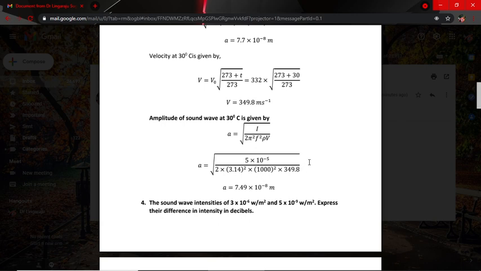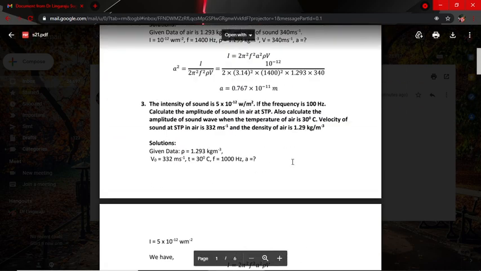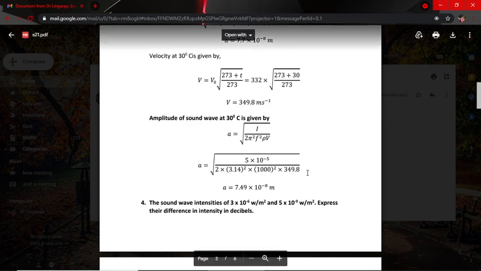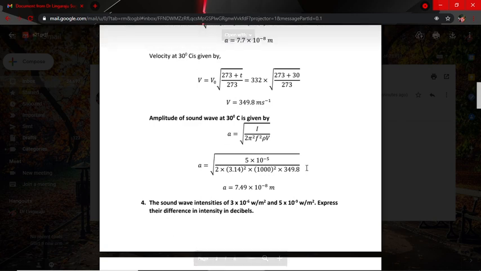Okay, the rho value is missing here. Rho value is 1.293. We just have to substitute it here. Rho was missed, so write it here. Then calculate: A is equal to 7.49 into the power of minus 8 meter.